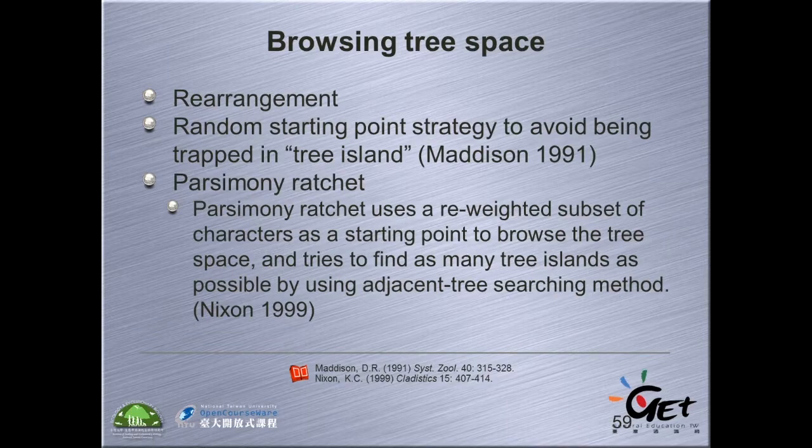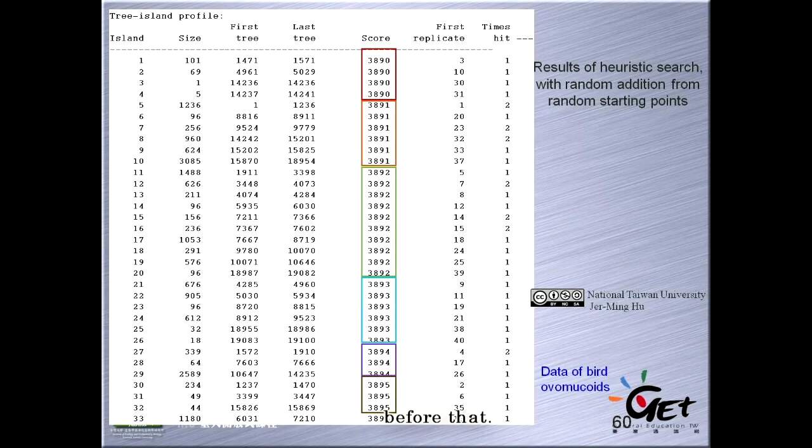So the whole process is like this one. Before that, this is just an example of the tree islands that could possibly be found. This is the result from 1 million trees. These are the islands listed here, and these are the tree lengths I just grouped here.